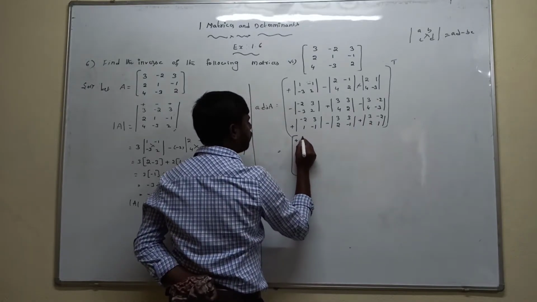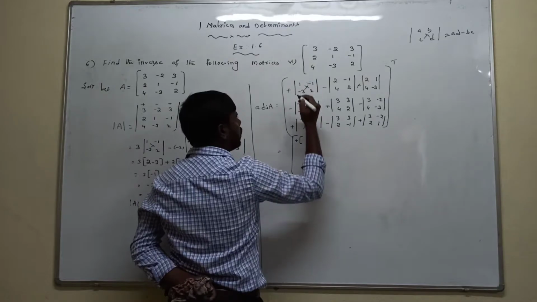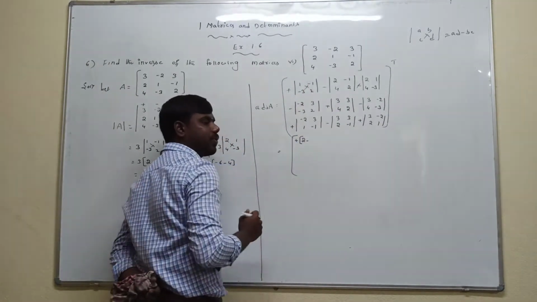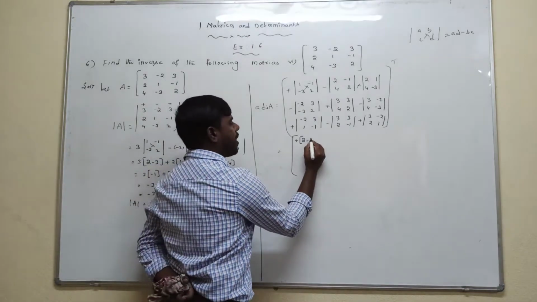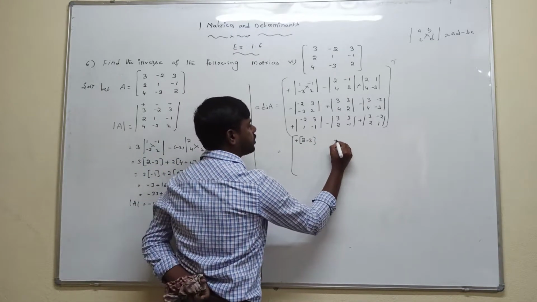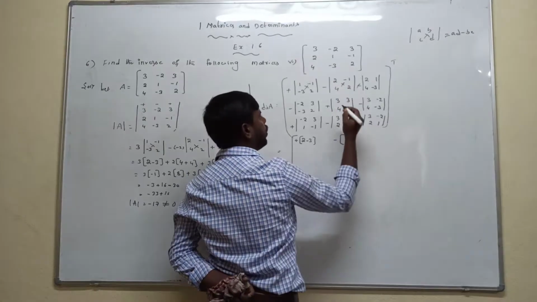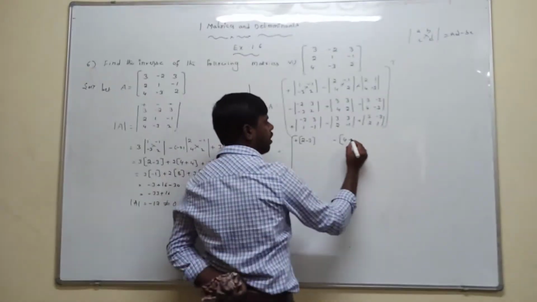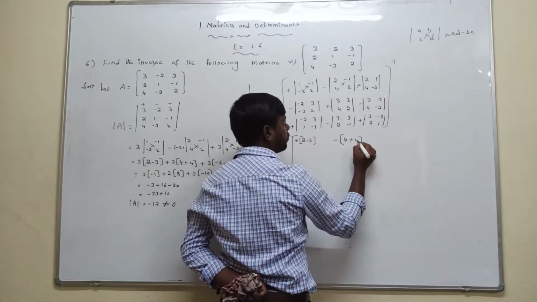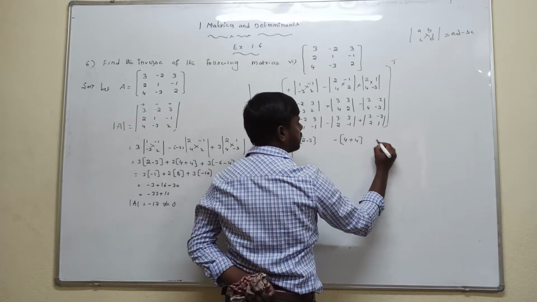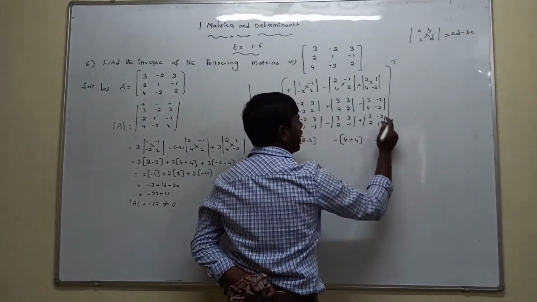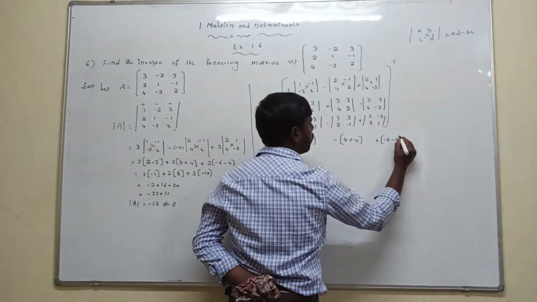Now plus of 1 into 2, 2, minus, minus 3 into -1, -3, plus of 3, and next to minus, 2 into 2, 4, minus 4 into -1, -4, minus of minus plus 4. Plus, then 2 into -3, -6, minus 4 into 1 is -4.